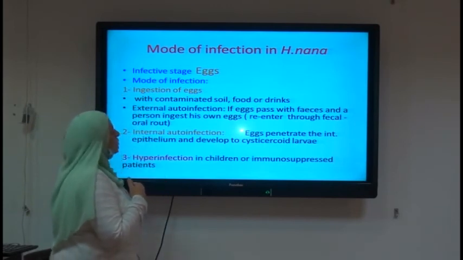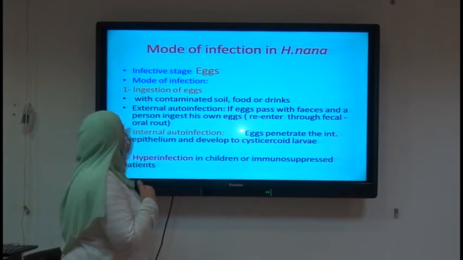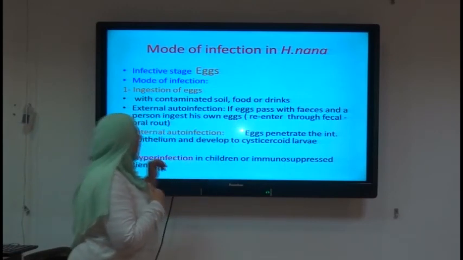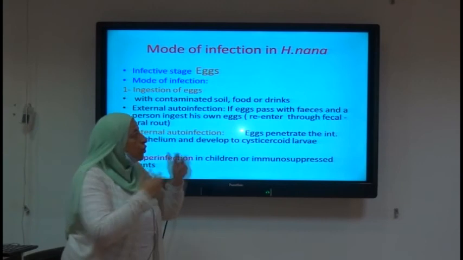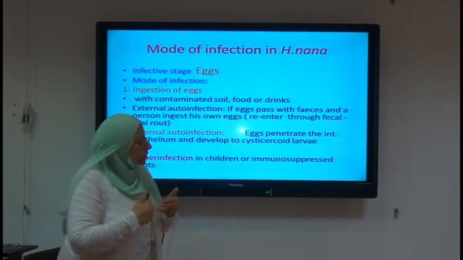Ingestion of eggs, as we said, with contaminated soil, food, or drinks. External auto-infection if the eggs pass with feces and the person ingests his own eggs, so they re-enter through the fecal-oral route.